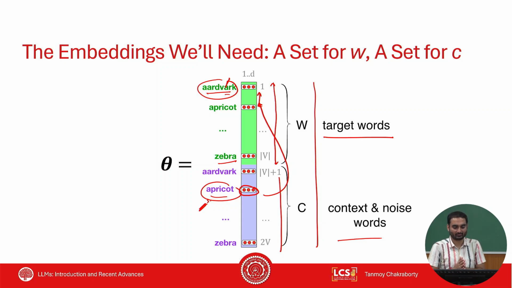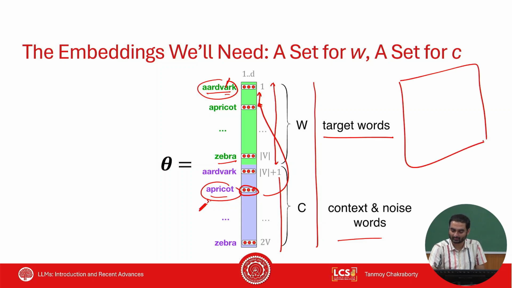Let me repeat what I just mentioned. Aardvark is the target word and apricot is the context word. When you initialize this matrix at the beginning, the initialization happens randomly. Over the iterations, the goal is that the positive context should come closer to the target and the negative context should be far from the target. So I will update this matrix such that the positive context comes closer and the negative context goes far.